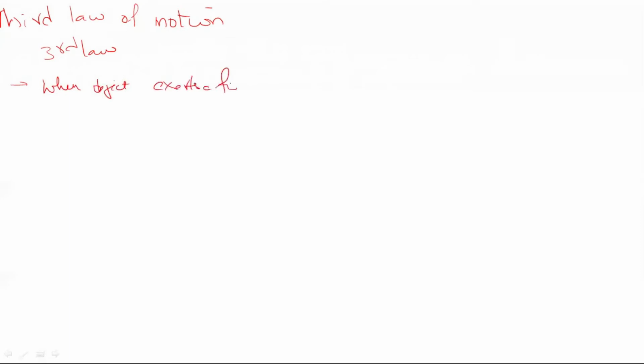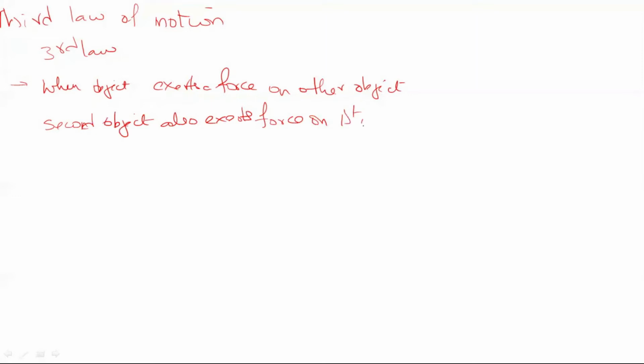Now, Newton's third law of motion. The third law of motion states that when an object exerts a force on another object, the second object also exerts a force on the first one, which is equal in magnitude and opposite in direction.